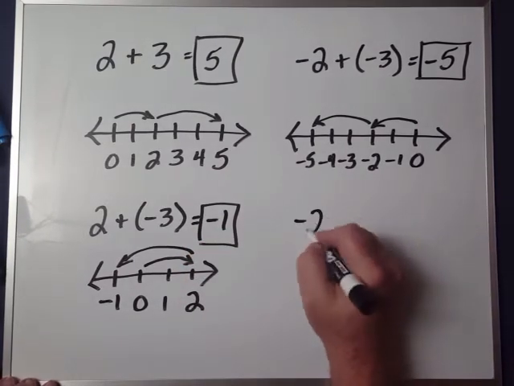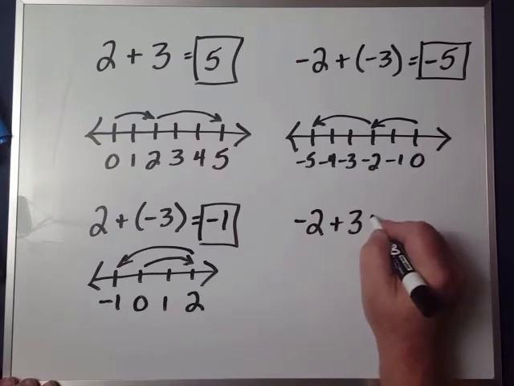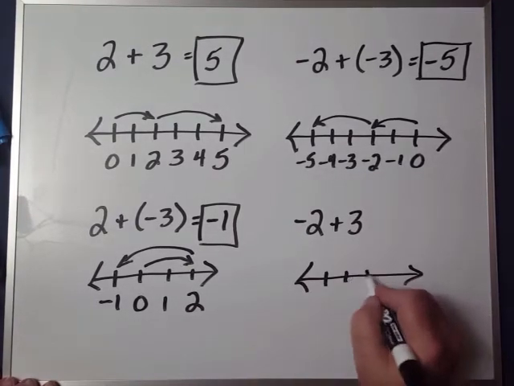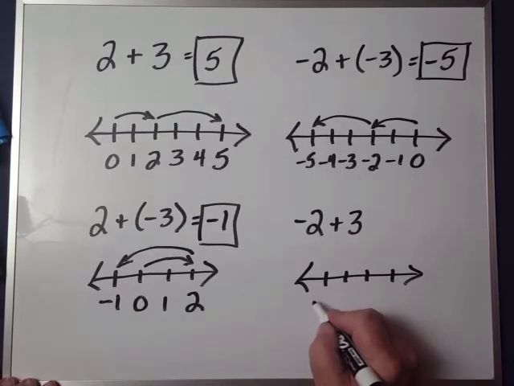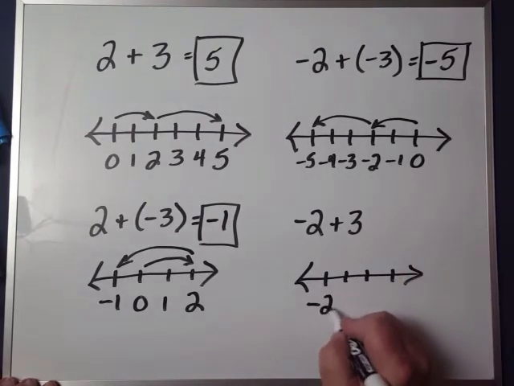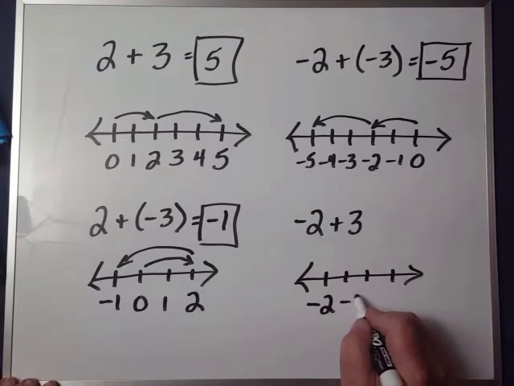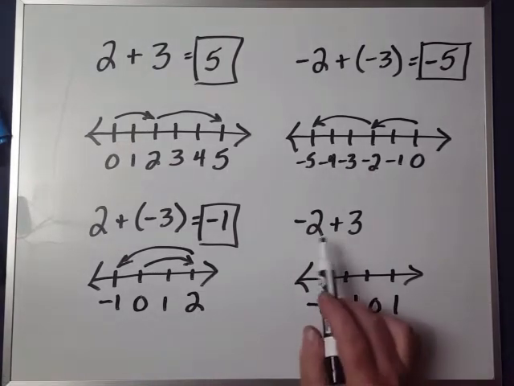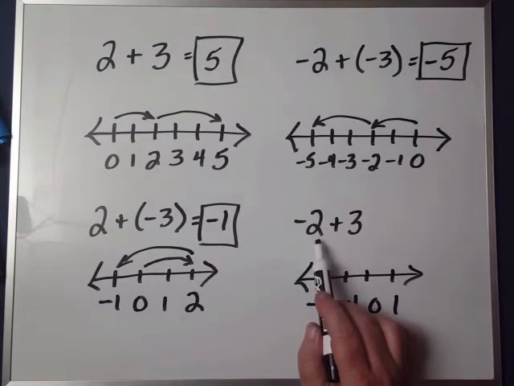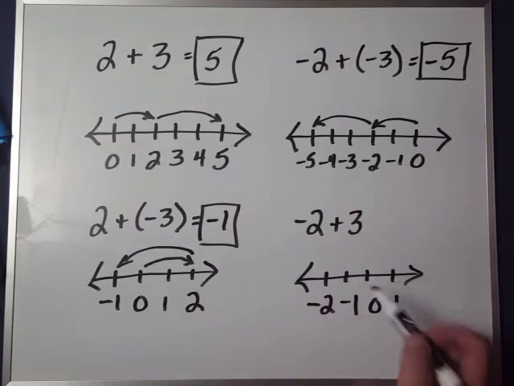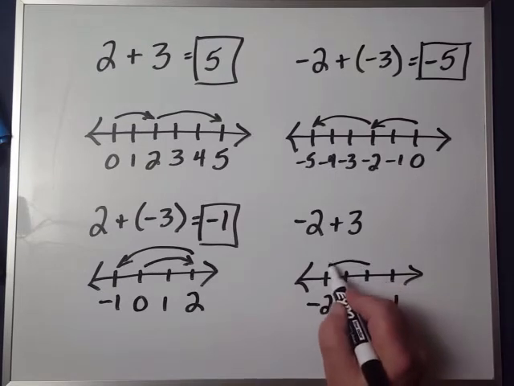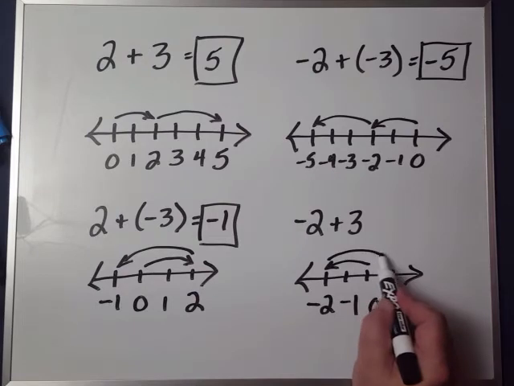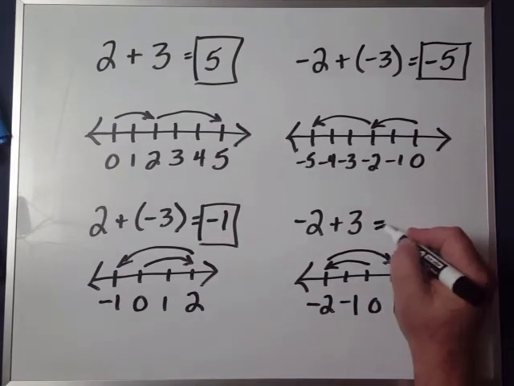And one more. We'll start by moving 2 units in the negative direction from 0. And to that, we're going to add 3 units in the positive direction. This will land us at +1.